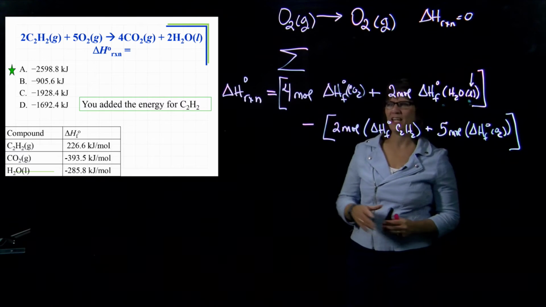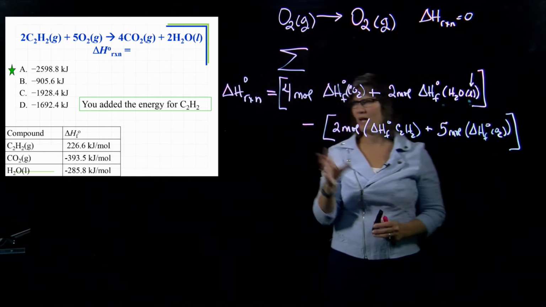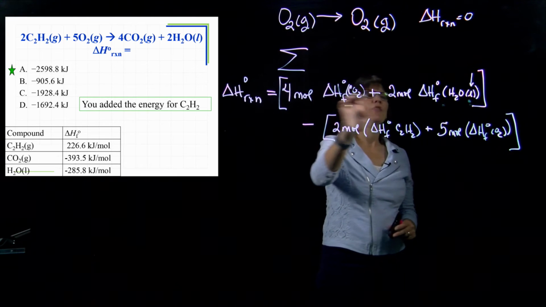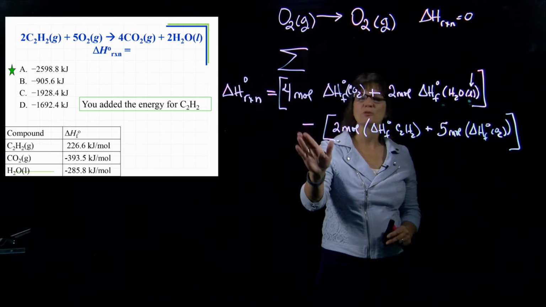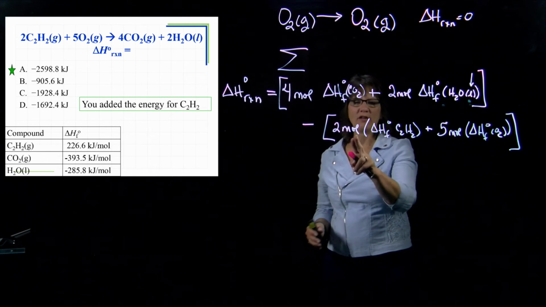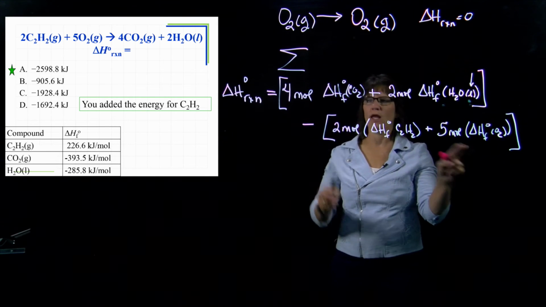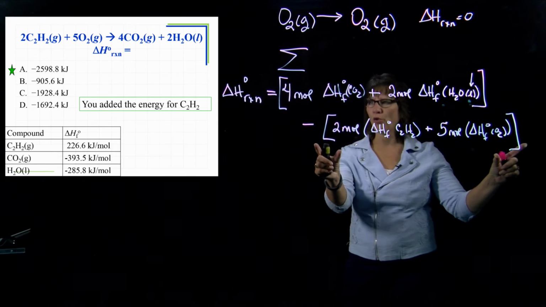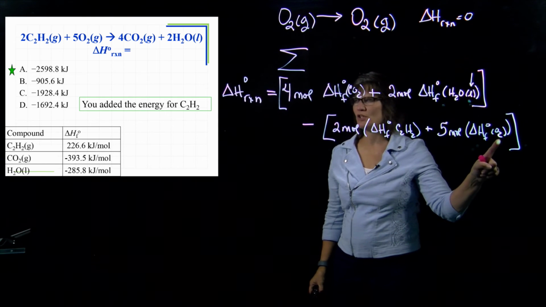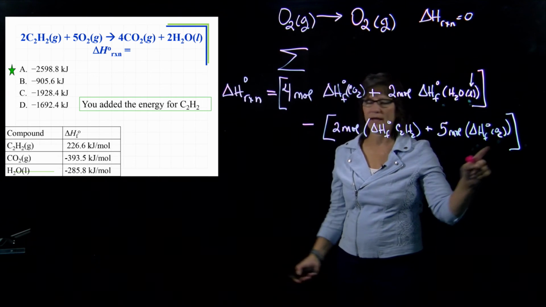maybe you got D. You've got to be really careful with the sign. I'm pointing out things that are common mistakes. Students a lot of times will do this plus this, and not notice I'm subtracting this. Or they'll take these two numbers and subtract the first one and then add the second one. But you had to subtract the whole thing there. Now, did I give you the delta H of formation of oxygen? I didn't. Why not?